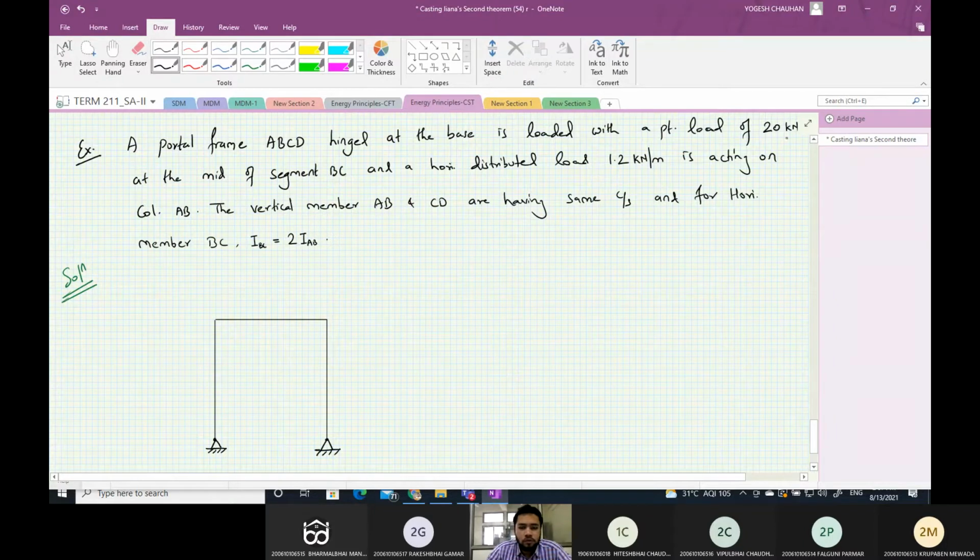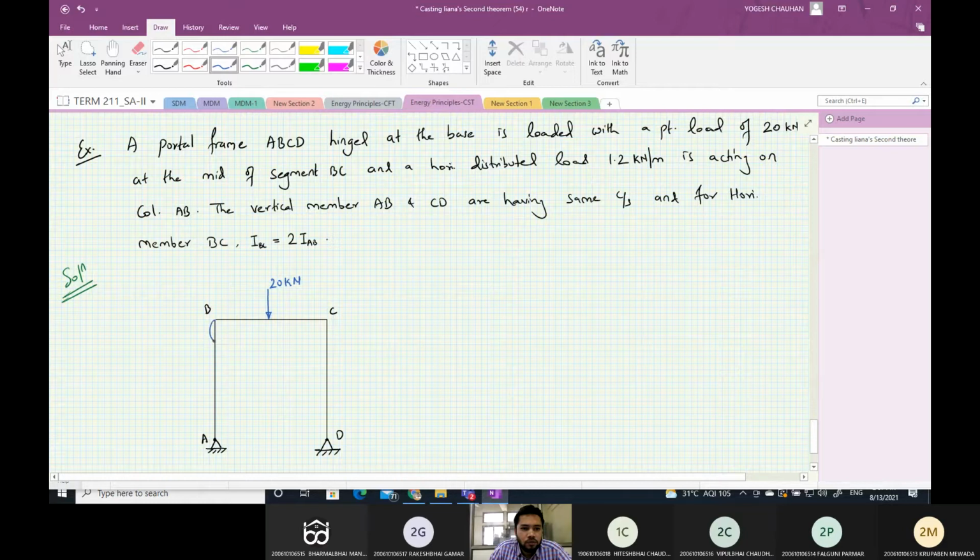It is subjected to a point load of 20 kN on segment BC. Let us say this is A, this is B, C, and D. So on segment BC, there is a point load of 20 kN, and a horizontal distributed load of 1.2 kN per meter on column AB.